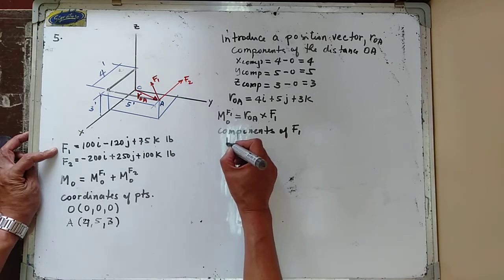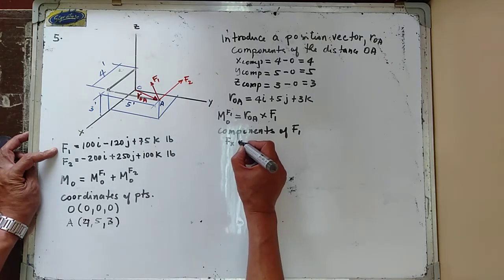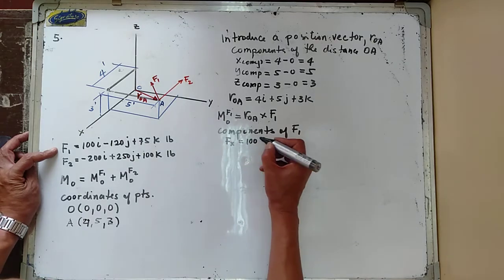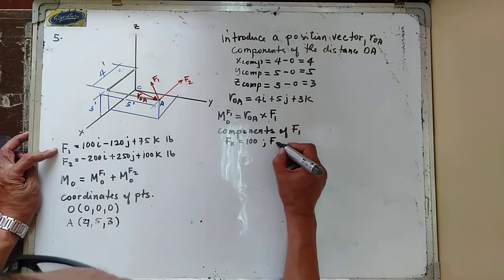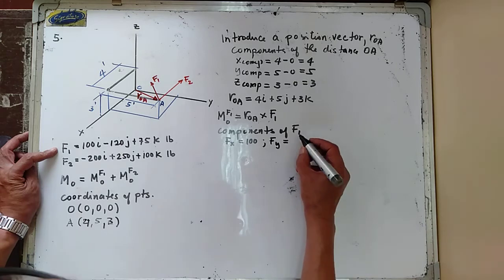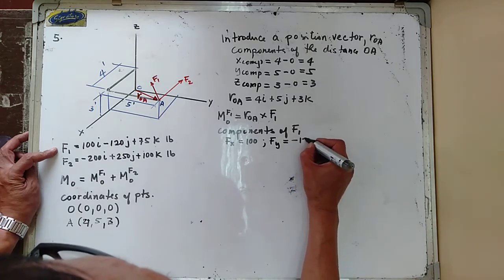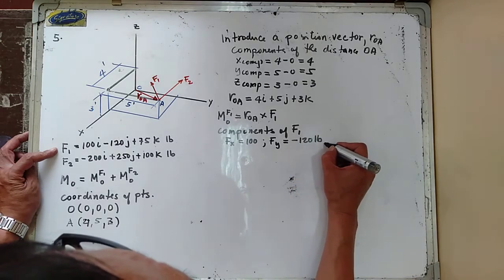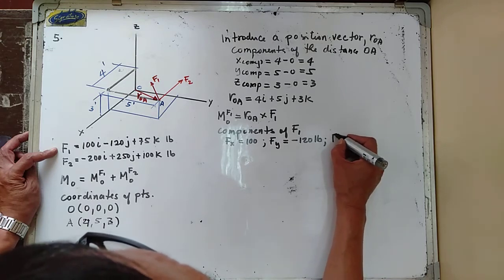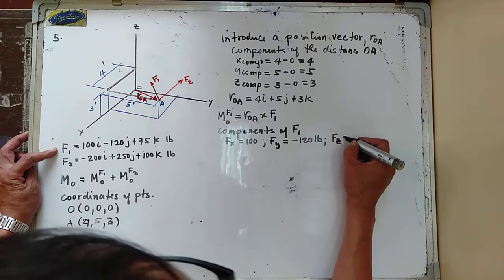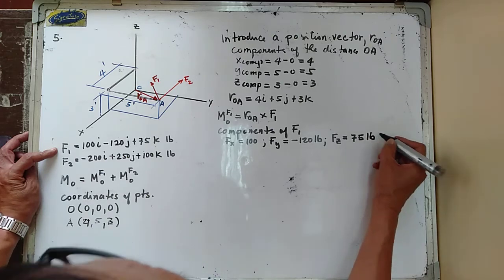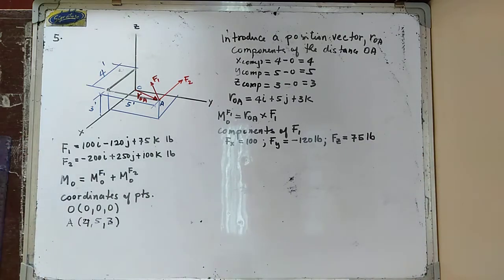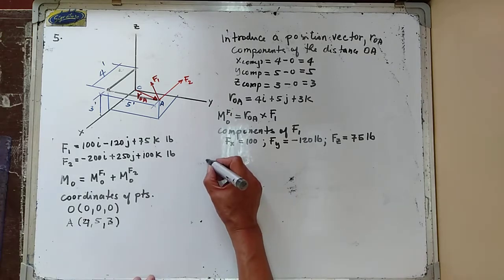Your Fx is equal to 100 pounds, your Fy is equal to negative 120 pounds, and your Fz is equal to 75 pounds.